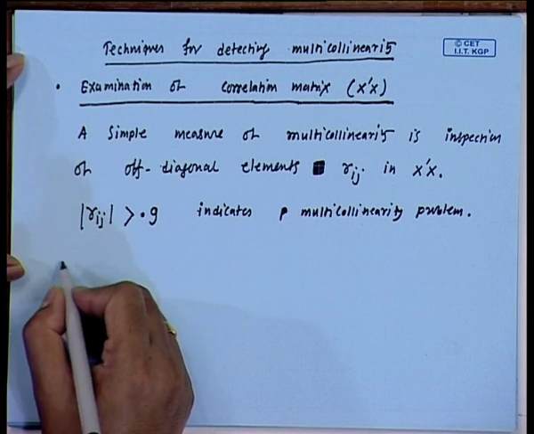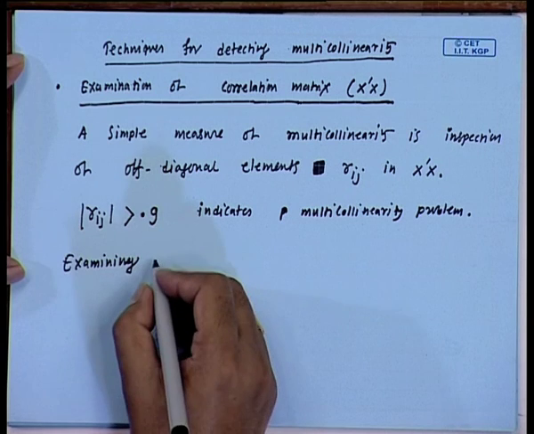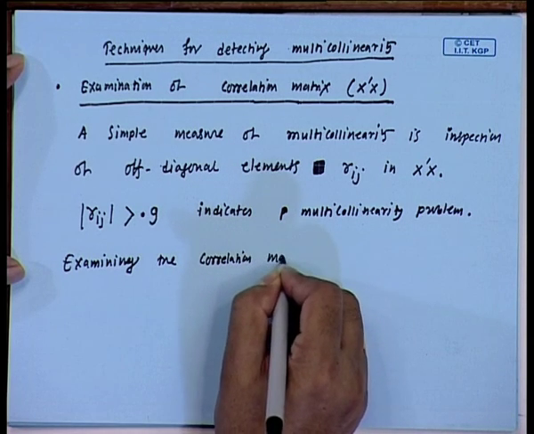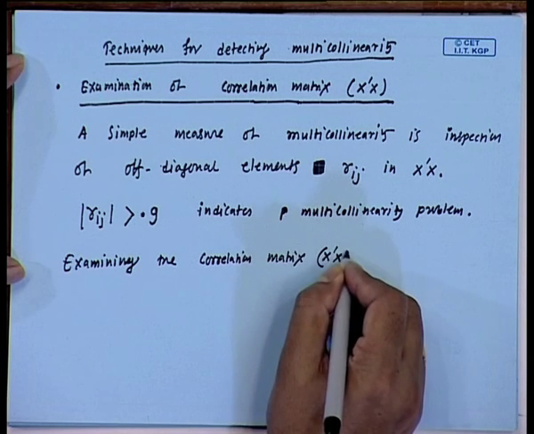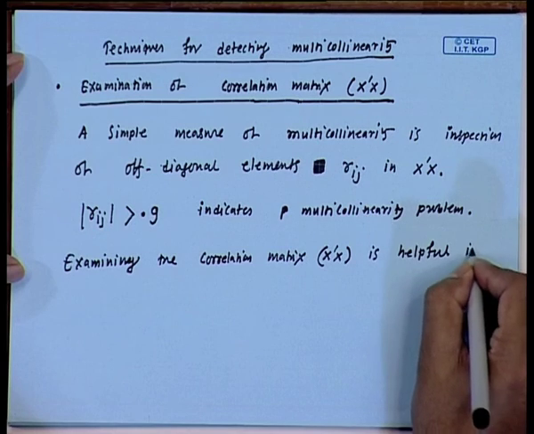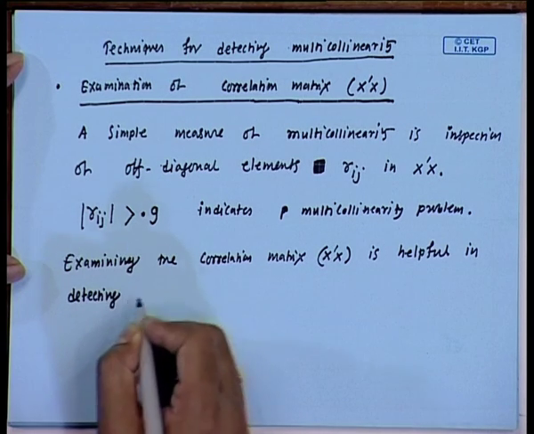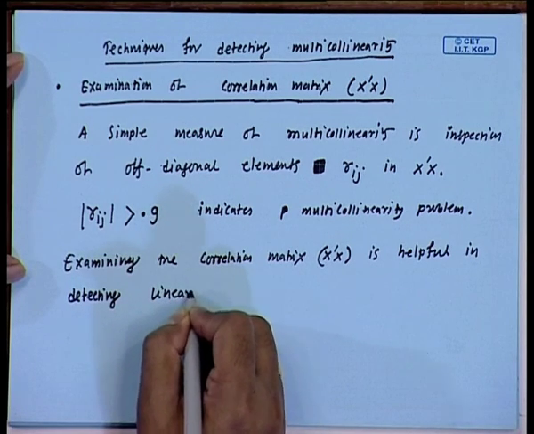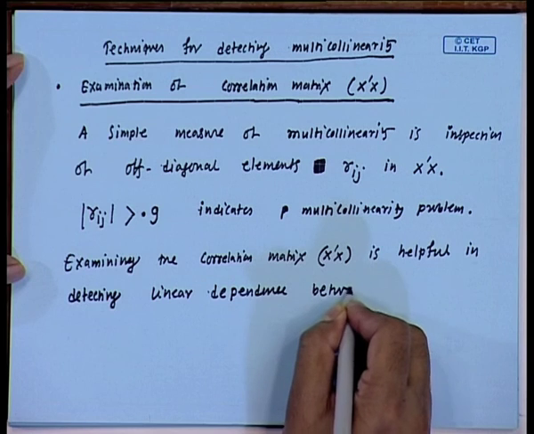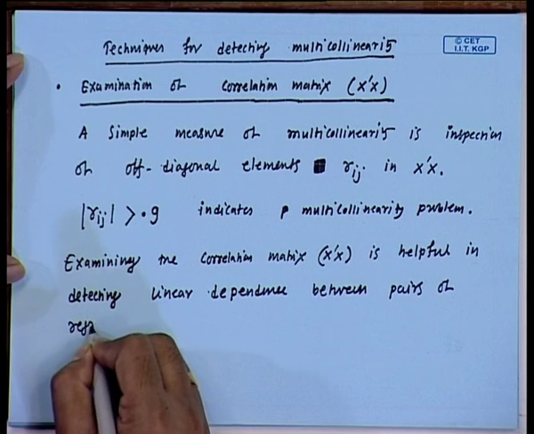Examining the correlation matrix X prime X is helpful in detecting linear dependence between pairs of regressors.